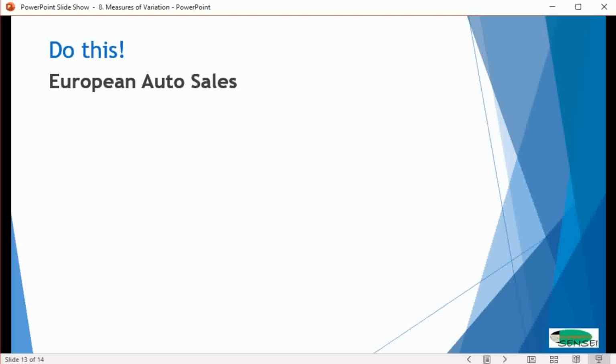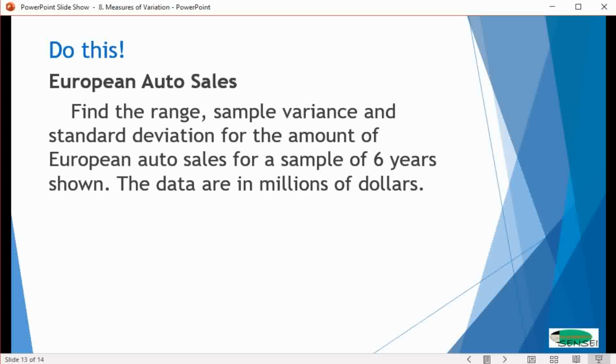Suppose we have the example. Now you're going to look for range, sample variance, and standard deviation of the following data set. Now remember, I said earlier that range is ideally good for distribution with outliers. It doesn't mean that it's good for outliers, and you cannot use it strictly when there is no outliers.